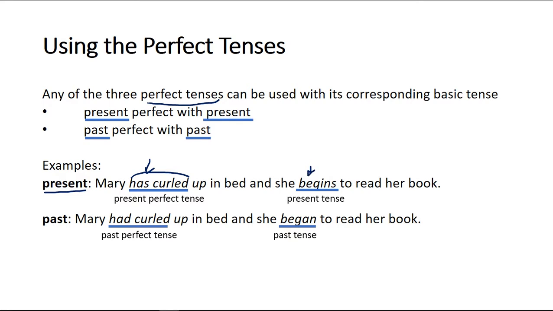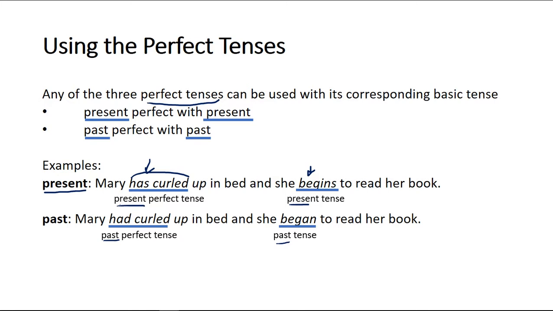She begins to read her book. And if we look at the past example, Mary had curled up in bed and she began to read her book. So past will always go with past and present should go with present.